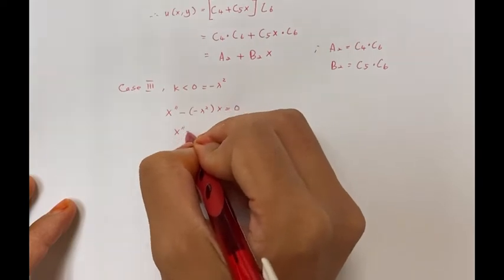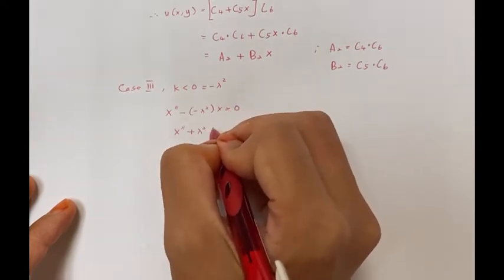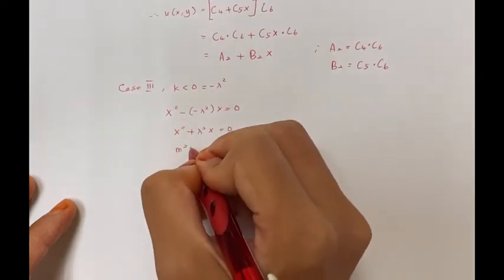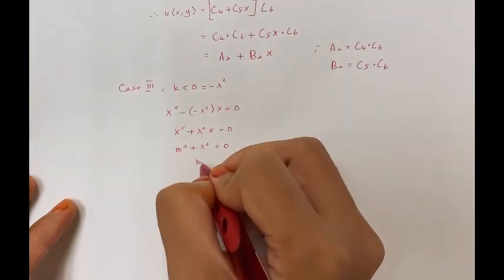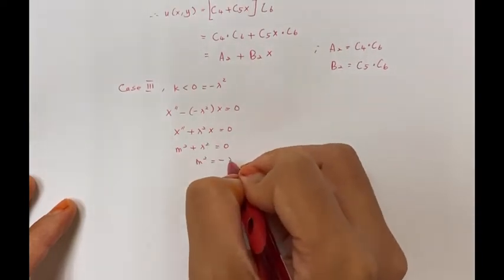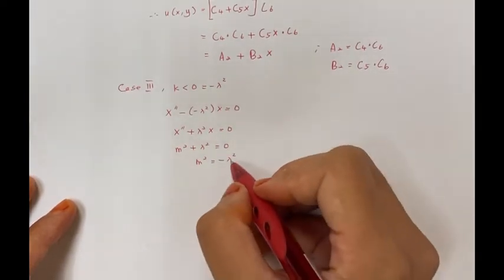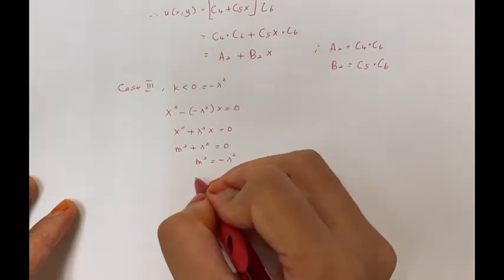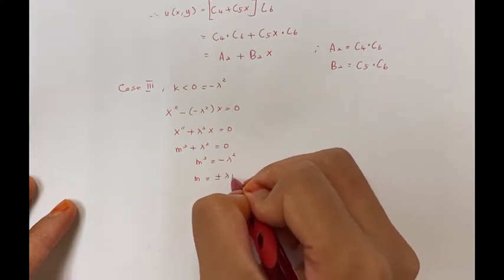So x double prime plus lambda square x equal to 0. Characteristic equation, m square plus lambda square equal to 0. So m square equals negative lambda square, and if you apply the square root, your m becomes plus minus lambda i.